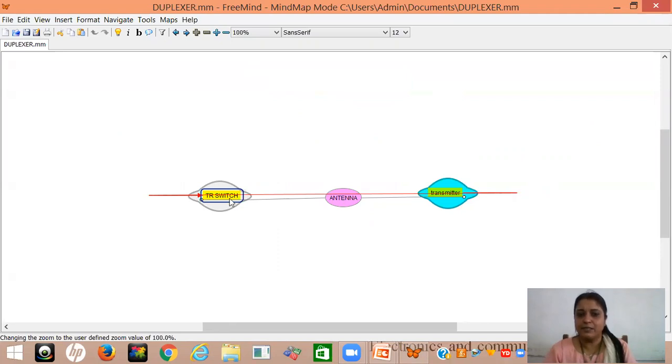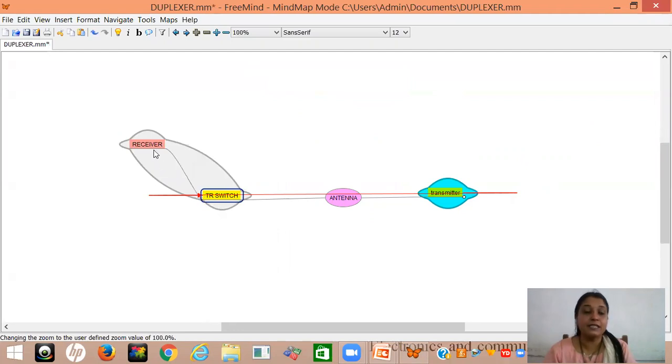Through this TR switch we have connected the receiver section. Again, the transmitter section is connected through this ATR switch here.